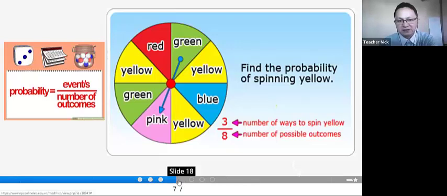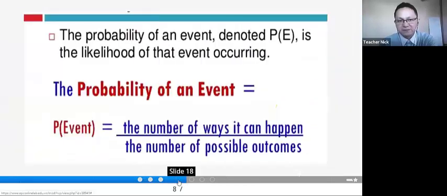Okay, let's check another example here. It says that the probability of an event, written as P(E), is the likelihood of that event occurring. So P, open and close parenthesis, event.